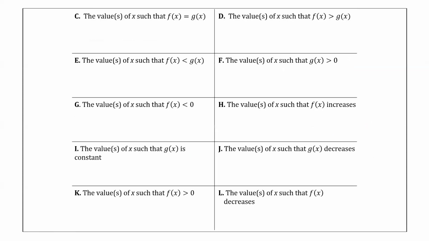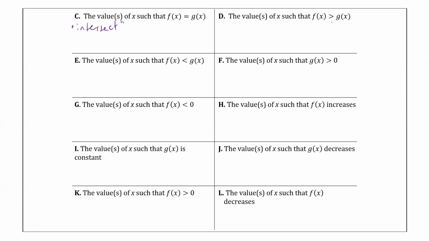Okay. Next, on C is asking you when are they equal? So I'm asking for when do these two graphs intersect? Does that make sense? If I'm asking when they're equal, I'm asking when do they intersect? Yes? Okay. On D, it's asking when is f of x greater than g of x?